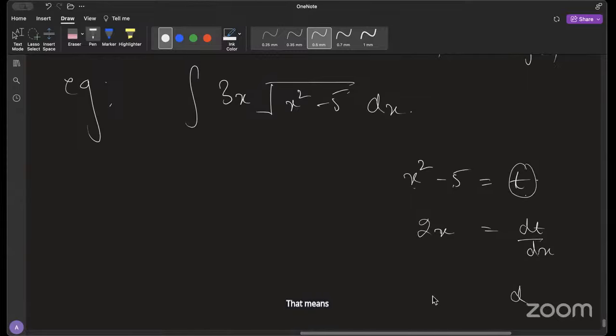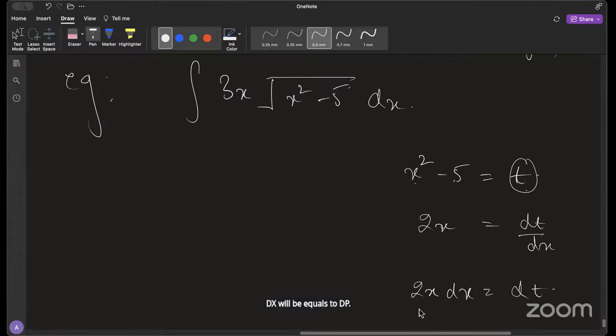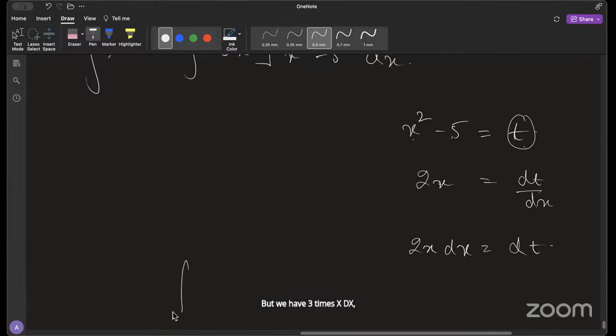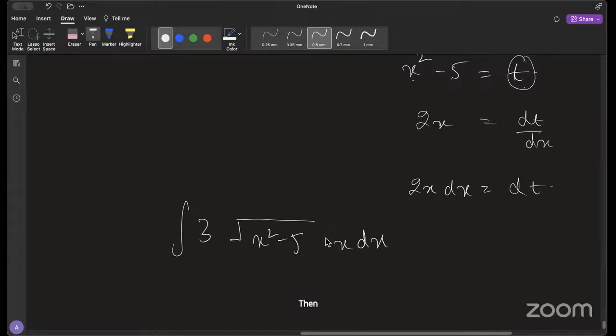That means your 2 times x dx will be equal to dt. But we have 3 times x dx, right? So what you can do is take 3 here, the square root of x squared minus 5, x dx. Then multiply 2 here and divide this thing by 2 so that everything remains balanced.